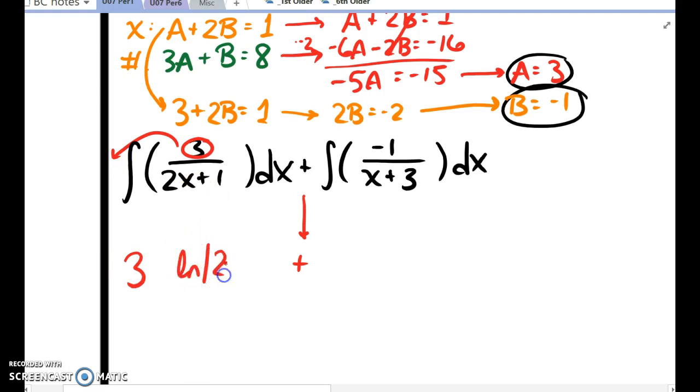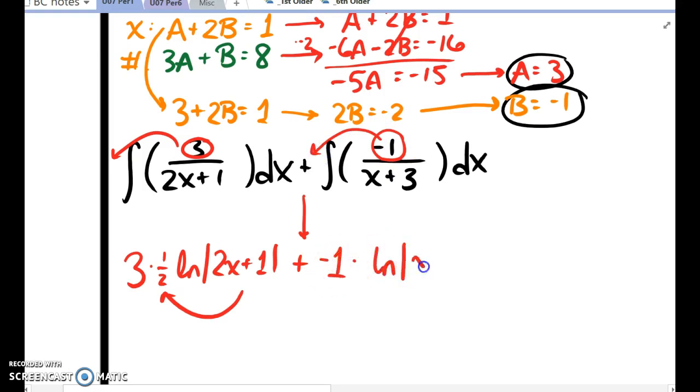Natural log absolute value of 2x plus 1. Mental u substitution, it's a 1/2 in front. Over here, I'll bring out that -1. Natural log absolute value of x plus 3. Its derivative is just 1, so I don't really need to do anything about that. You could say there's a 1/1 in front.